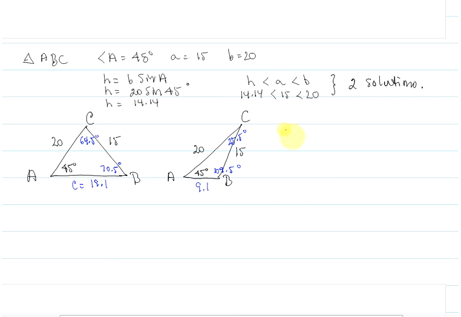Okay, so the first observation I would like you to make is that in the first triangle, so let's call this triangle 1, and let's call this triangle 2, angle B in triangle 1 and angle B in triangle 2 are supplementary.